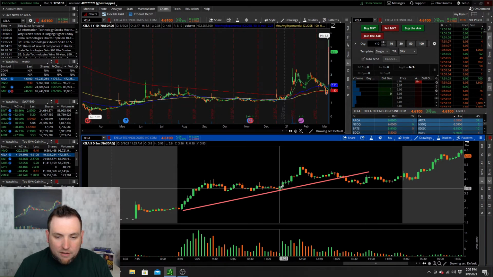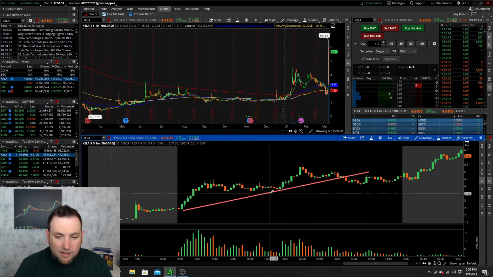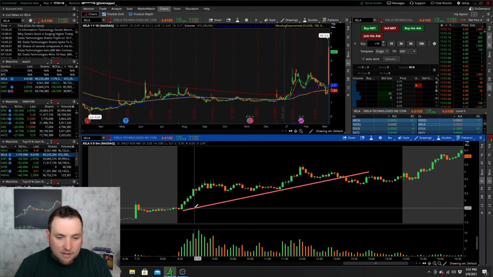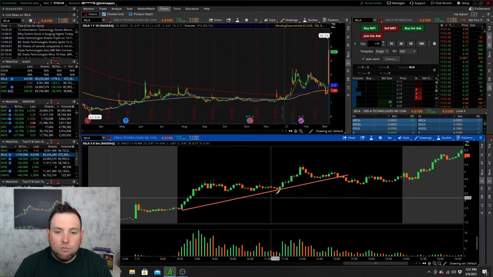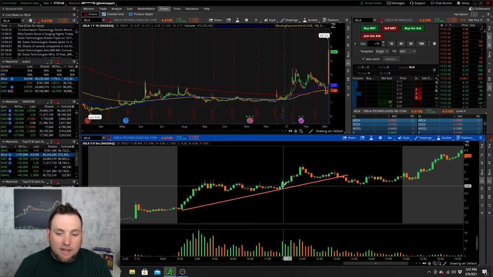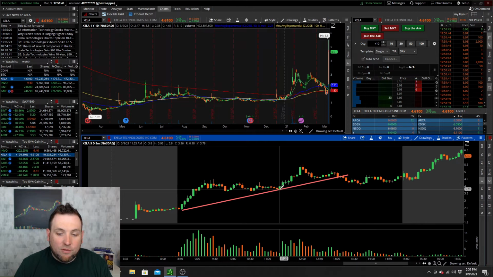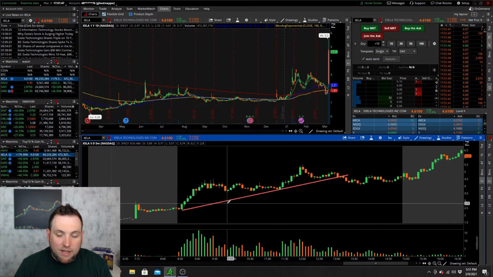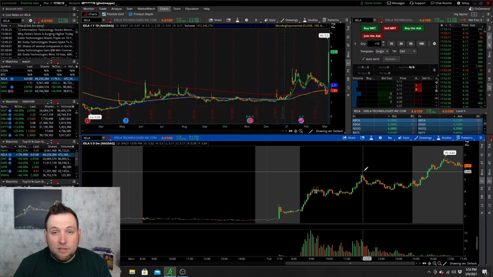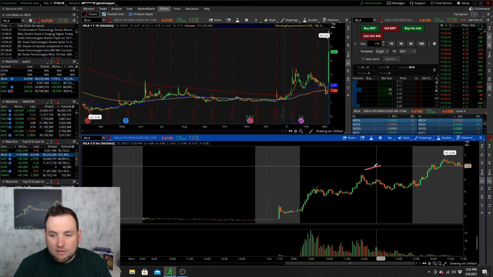When it finally caught up and you see it bounce right there off of that support, then you can connect to make that trend line. You want to have candles that are clearly bouncing off of a certain price area to connect to the trend line.